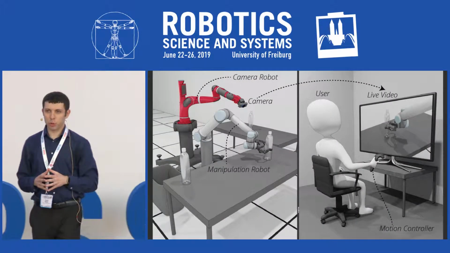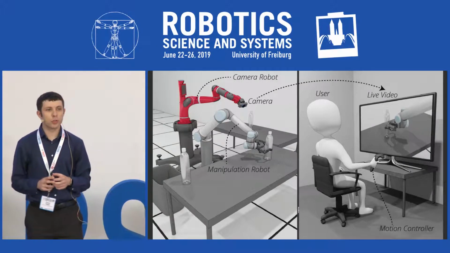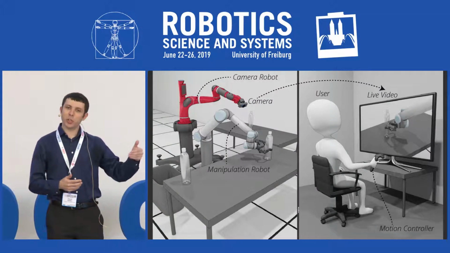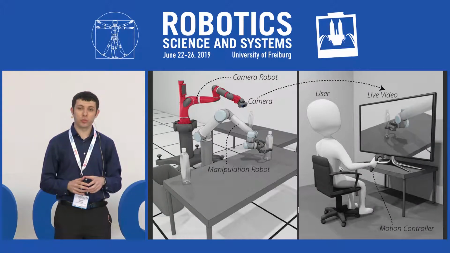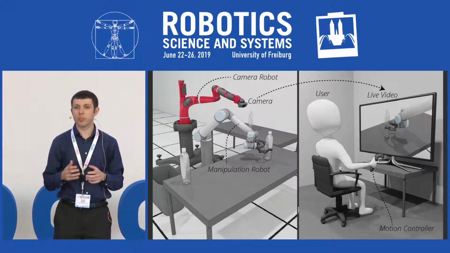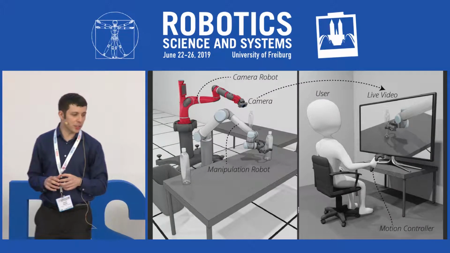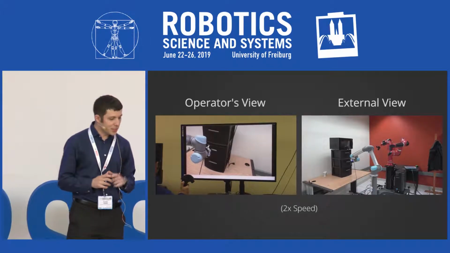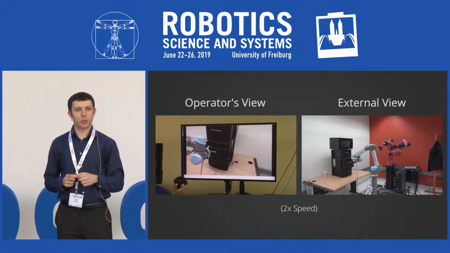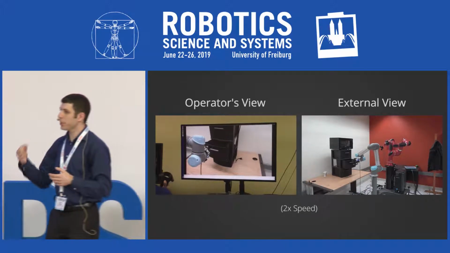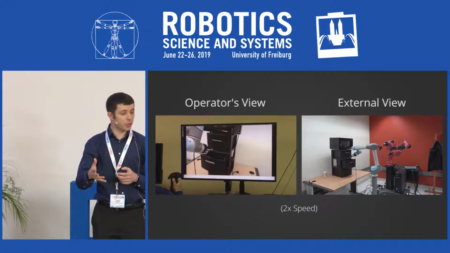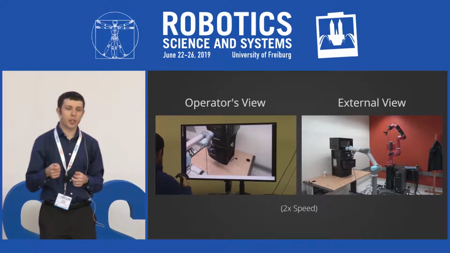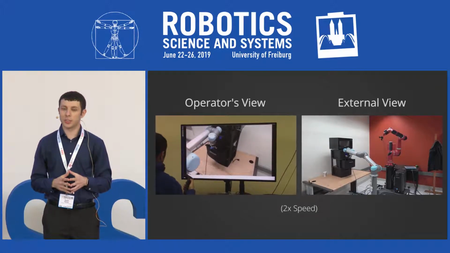In order to move the camera on the fly, our method uses a two-robot system where the user controls a manipulation robot and a second camera-in-hand robot alongside the manipulation robot continuously servos to provide a sufficient view of the remote environment. In this example, the second camera-in-hand robot continuously servos to adapt and improve the viewpoint to see into the drawer, and the user is able to reach into the drawer in the remote environment using the provided view on screen.